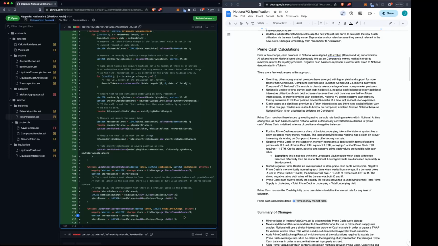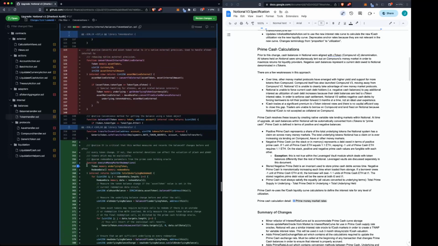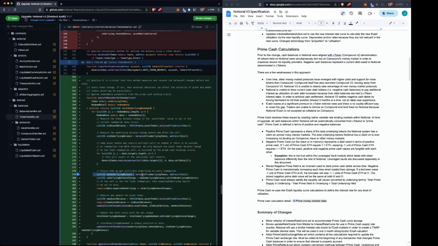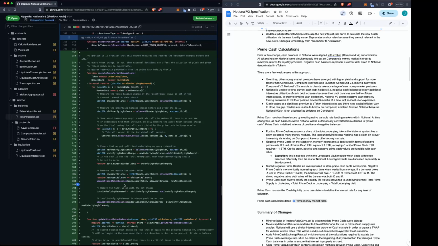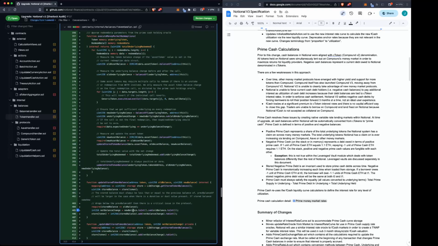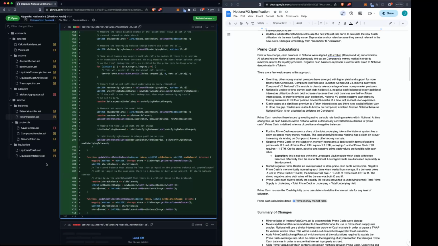So as deposits and withdrawals enter and leave the system, as different token balances change, we do internal accounting of that rather than relying purely on calling balance of on an external contract. So you can see here we call balance of before and after different deposits and changes, and then we really just use the net balance to update our internal storage.